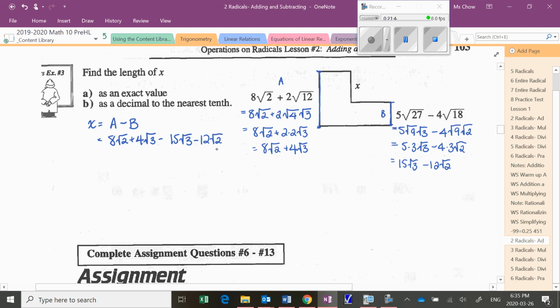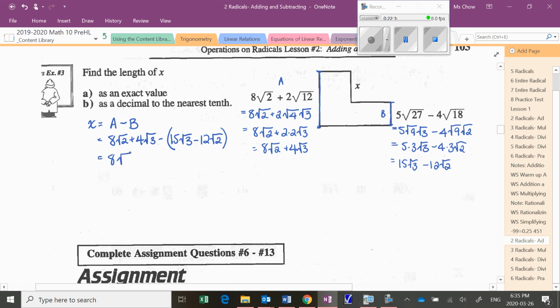So the mistake that we've made right here is that, technically speaking, we're only subtracting the 15 root 3, but we actually want to subtract all of B. This whole expression, 15 root 3 minus 12 root 2, is B, so we need to put brackets or parentheses around those two terms that make up B. And that means we're essentially distributing in that negative.